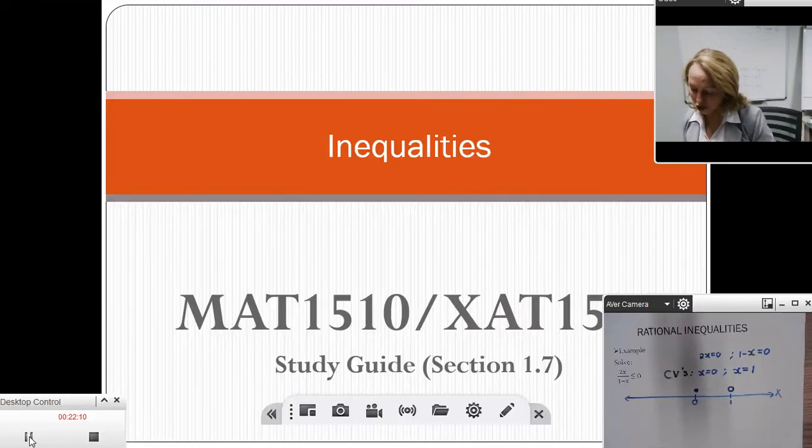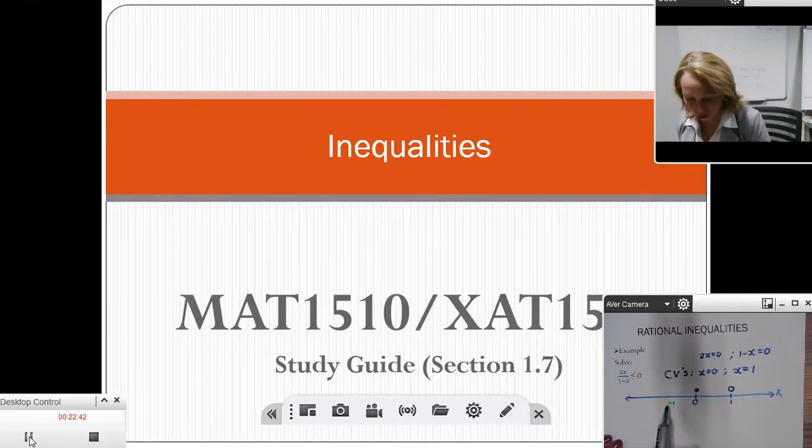Now we are going to start testing values between our critical values to the left and to the right to ensure that we cover all real numbers. So let us start with any value for x less than 0. For example, I will choose -1. This could be any value less than 0. Choose a value less than 0 and substitute it into your rational expression.